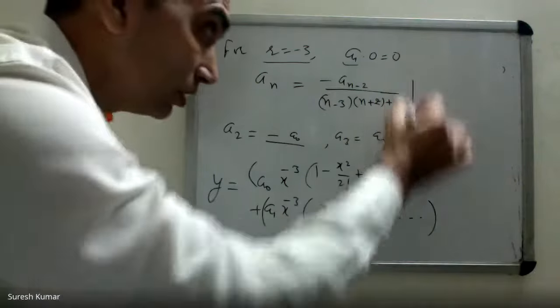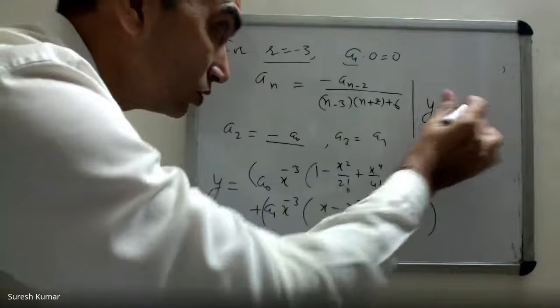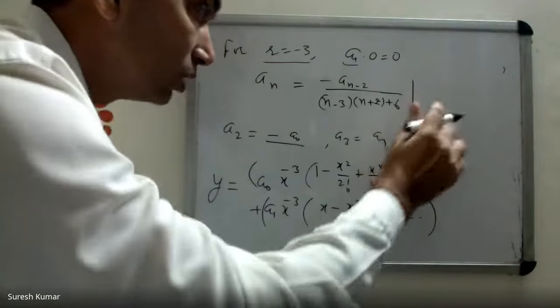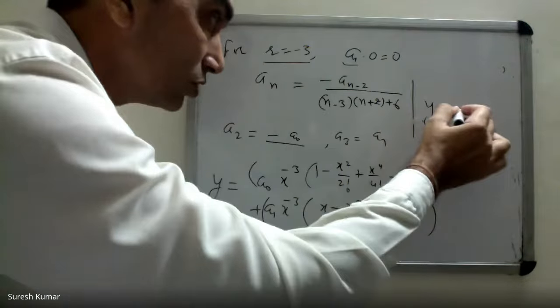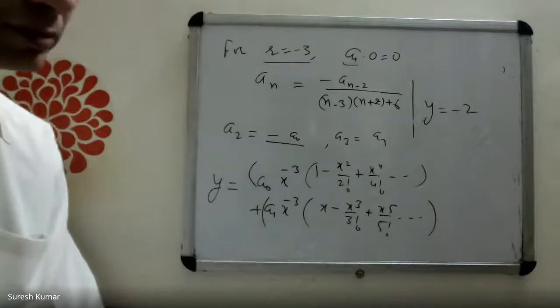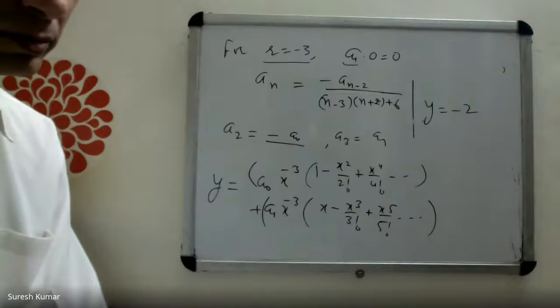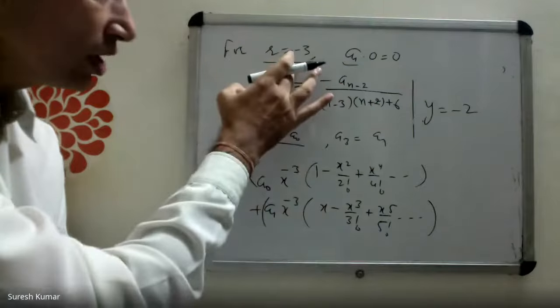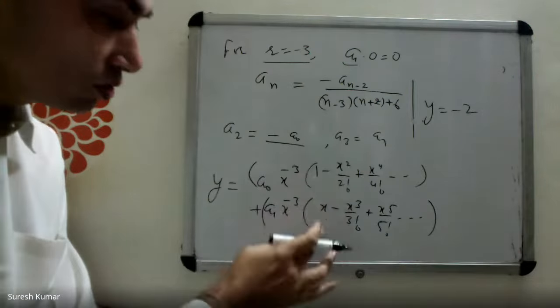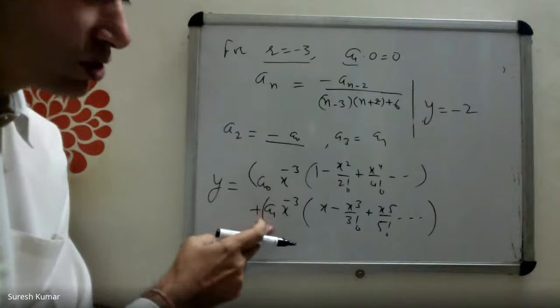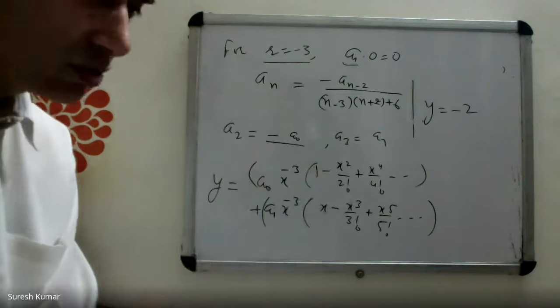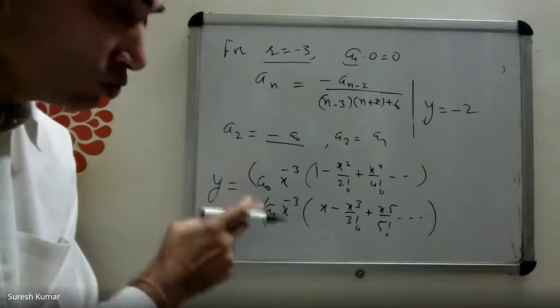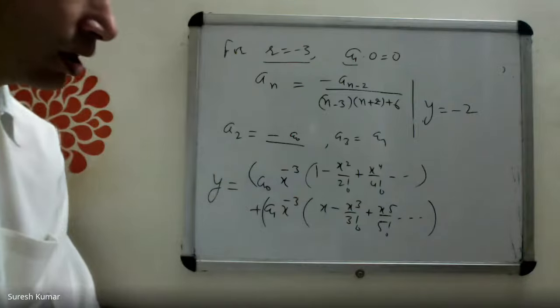Now you will be thinking, what happens when I choose r equal to minus 2? Will I get a different solution? I repeat again, corresponding to r equal to minus 3, this is the series solution. It carries two arbitrary constants. It means it is a general solution of the differential equation because it carries two arbitrary constants.